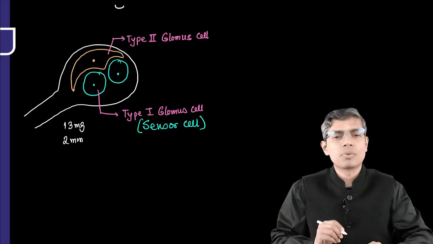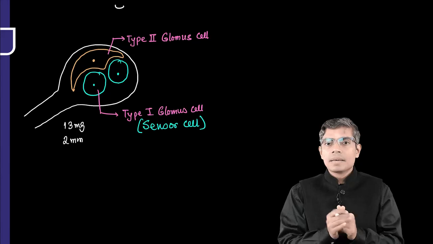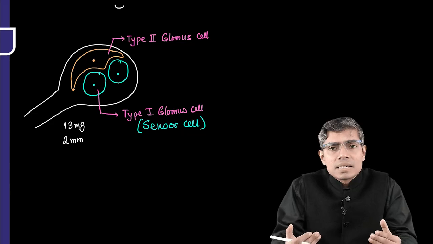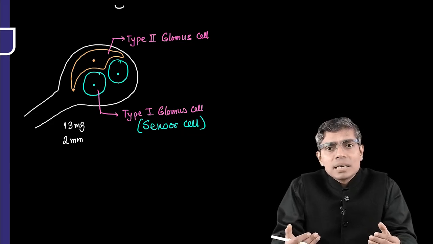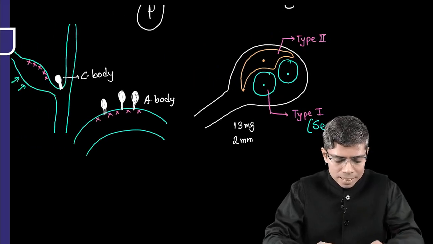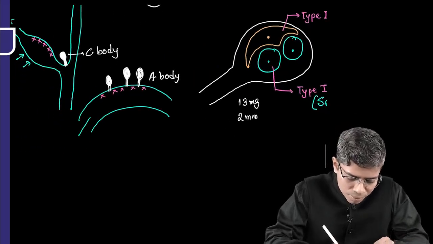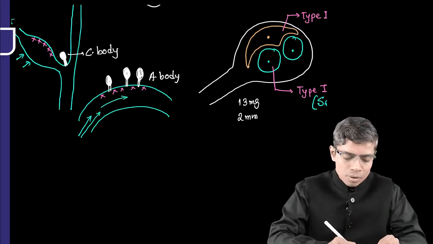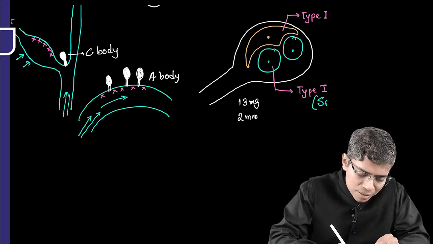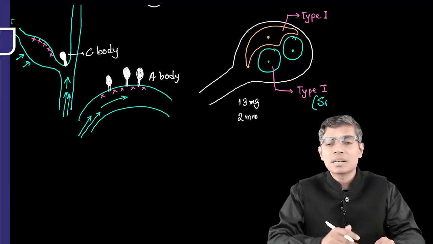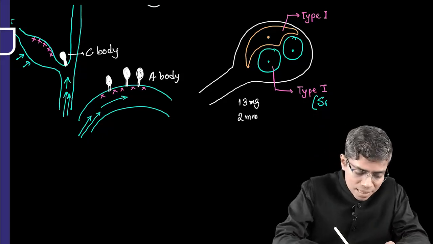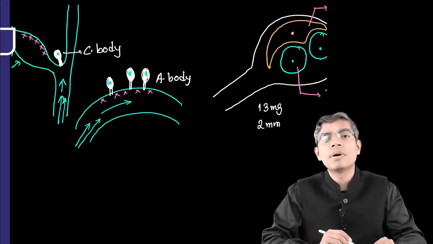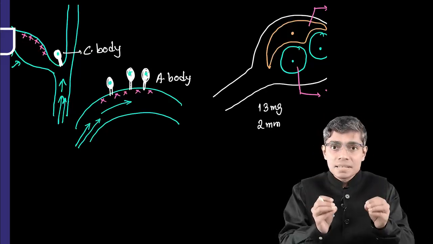of chemoreceptor. What do you mean by sensor cell? Chemoreceptor means they are activated by certain chemicals of the arterial blood. So whenever the composition of certain chemicals is changed at the level of this arch of aorta, or at the level of this carotid arterial blood, then the cells located inside this carotid body and aortic body, that is the glomus cell type 1, can sense this chemical.